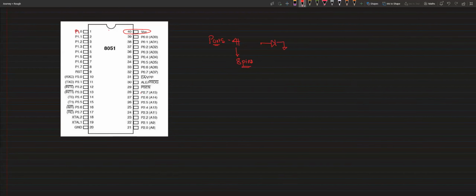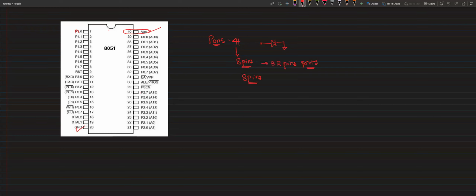So in total, 32 pins are used for your ports. But how many pins do we have in the 8051? We have 40 pins. The remaining 8 pins are some voltage inputs like VCC, you can see here, and some pins are ground.